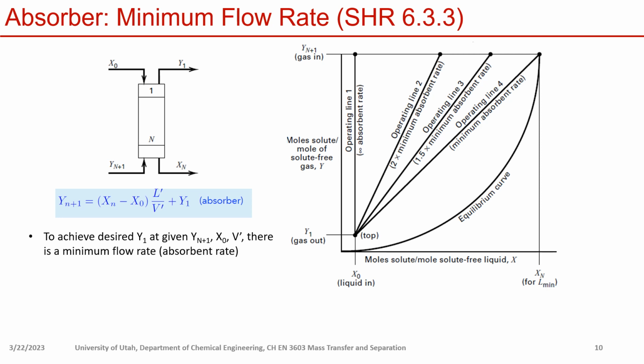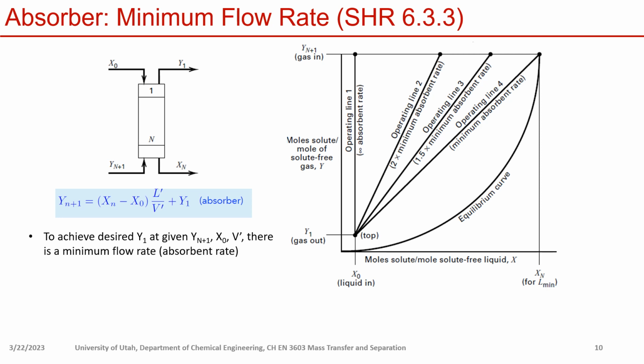Xn equals x0. That means if you have an infinite amount of liquid absorbent getting into this tower, when they leave the tower, their composition just doesn't change because there is so much of them, and even though some solute gets transferred from the gas phase into the liquid phase, it doesn't change the composition because you have an infinite amount of liquid absorbent.